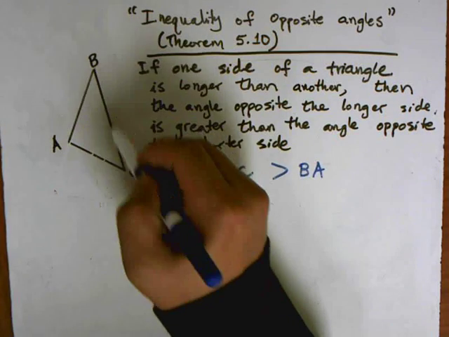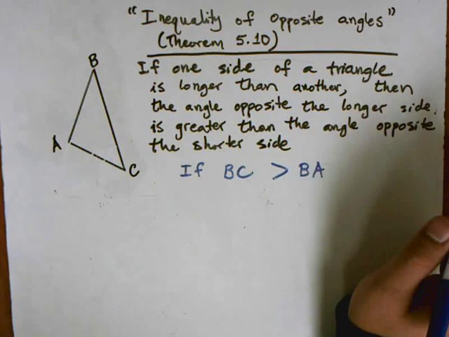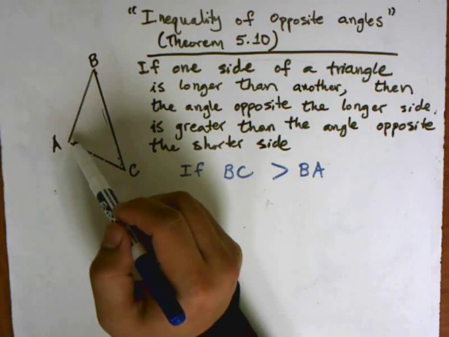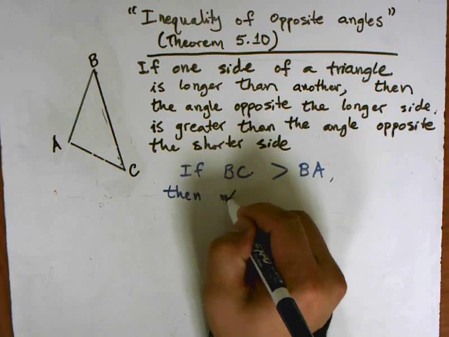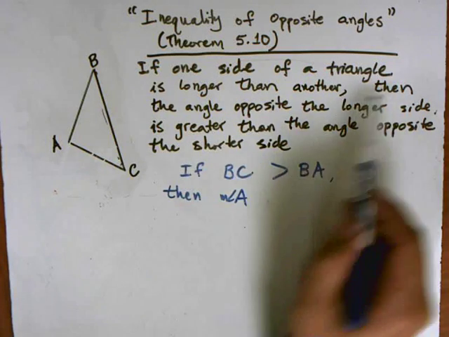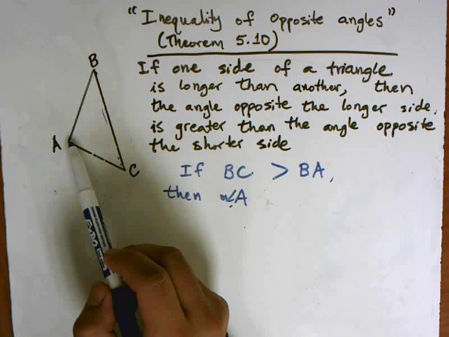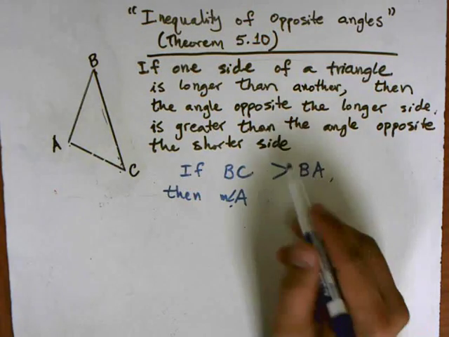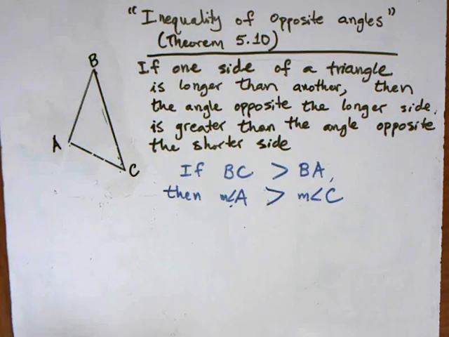Okay, so if BC is longer than BA, then the angle opposite the longer side, so the angle that's opposite from BC is angle A. So I'm going to say then the measure of angle A, the angle opposite the longer side, is greater than the angle opposite the shorter side. So BA is the shorter side. The angle that's opposite of that is angle C. So the measure of angle A is greater than the measure of angle C.